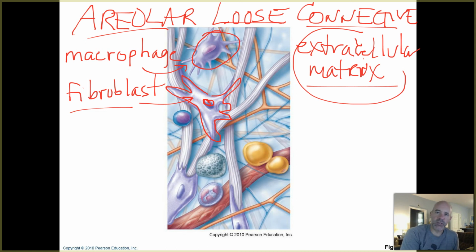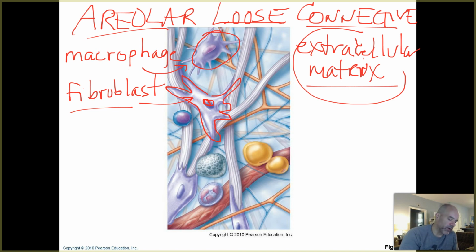Macrophages are kind of like the garbage cleaners of your body. They do phagocytosis, so they'll ingest things like bacteria that are trying to invade a tissue, or your own damaged, worn out tissues, and then they use all those digestive enzymes in their lysosomes, remember those from Unit 1, to break down those things and recycle the components.